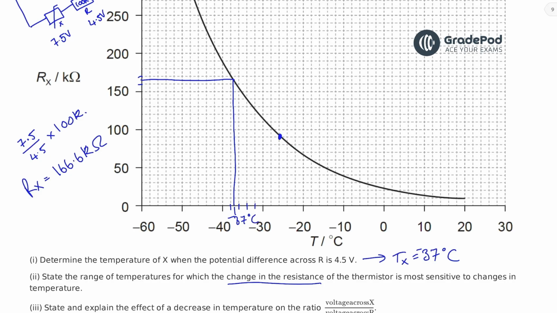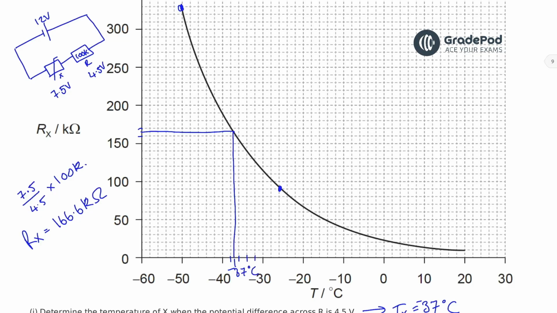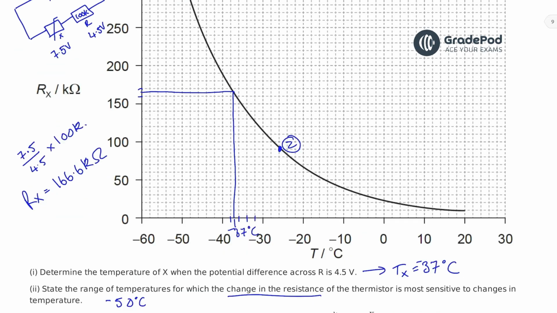So I would say the temperature range is minus 50. That's point number 1, and that's point number 2. So minus 50 at the smaller end, up to, let's say, minus 25. That's where we get the greatest change in gradient of the temperature change and resistance change.